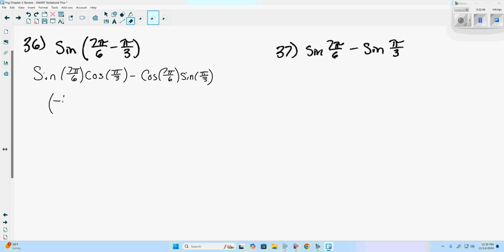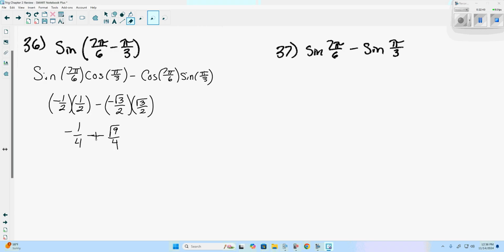7 pi over 6, so that would be negative 1/2. Cosine of pi over 3 would be, well, 1/2. Minus cosine of 7 pi over 6 is negative square root 3 over 2 times sine of pi over 3 is square root 3 over 2. Our 1/2 times negative 1/2 is negative 1/4 minus negative square root 3 over 2 times square root 3 over 2, which is negative, well, 3 over 4.